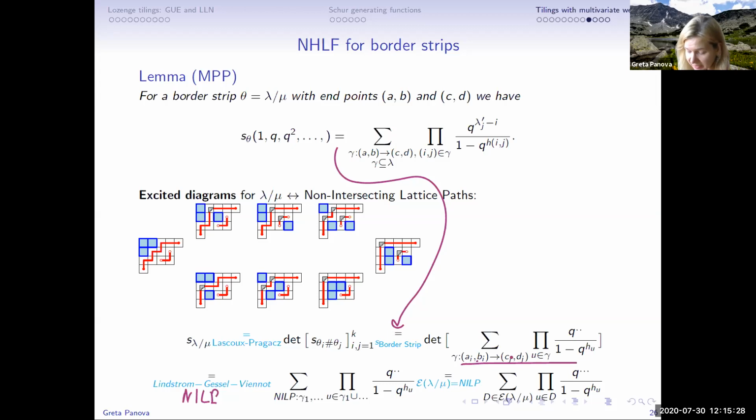So now we can apply in reverse the non-intersecting lattice path formula and just cancel out everything that has intersection. So we are going to get that we're summing over non-intersecting lattice paths with this particular weight, and this is exactly the weight that was coming into the Naruse hook length formula. And the lattice paths correspond to excited diagrams, as we just said over here. So we get this particular formula.